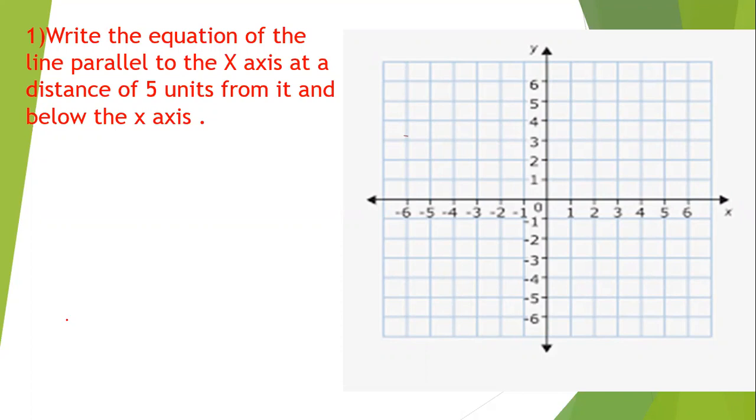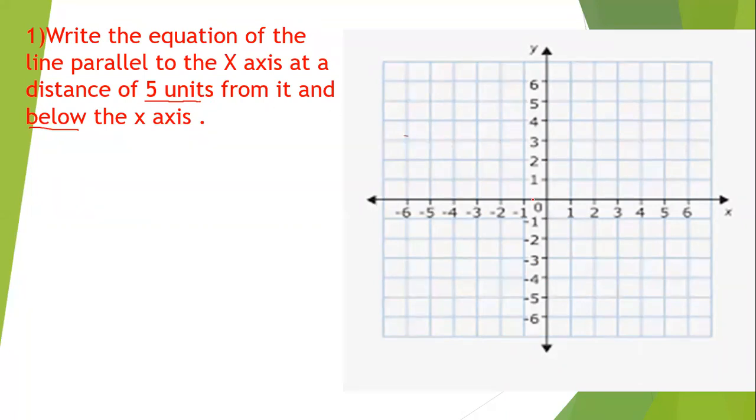The line is parallel to the x-axis, right? So here we have the x-axis. The line can be above the x-axis or below the x-axis. Here they have given us below, which means the line is below the x-axis. What is the distance given to us? It is 5 units.